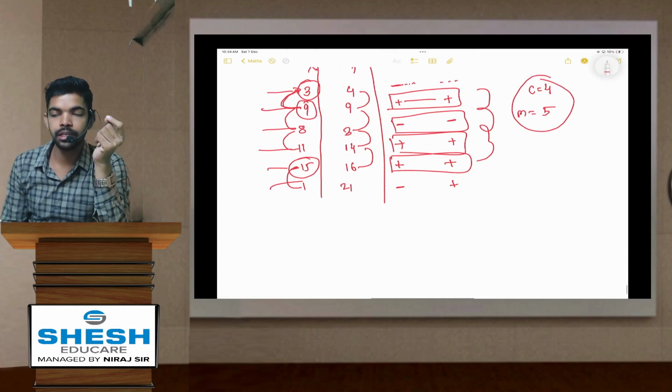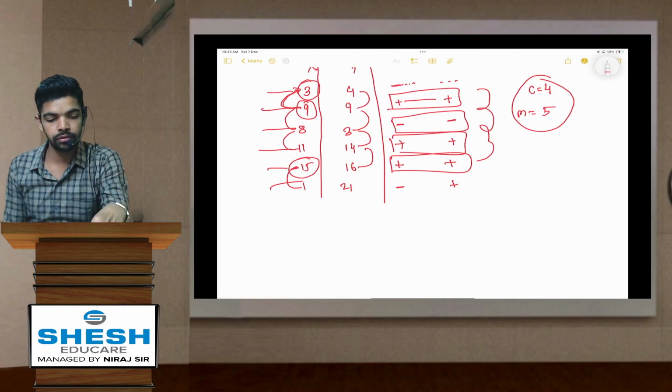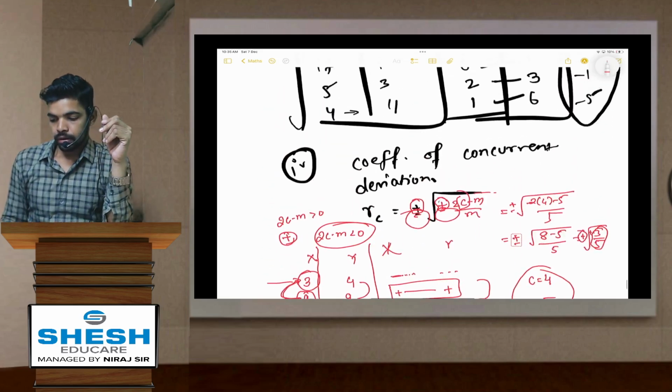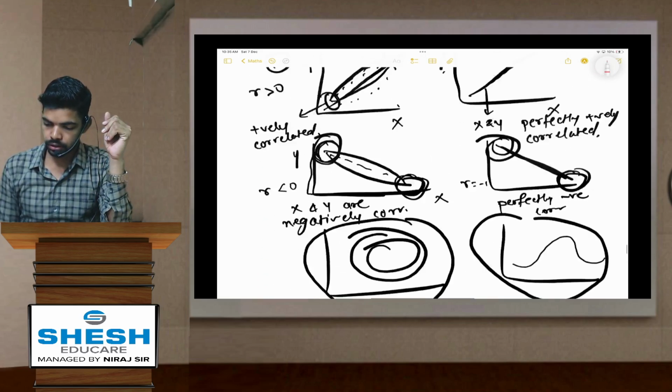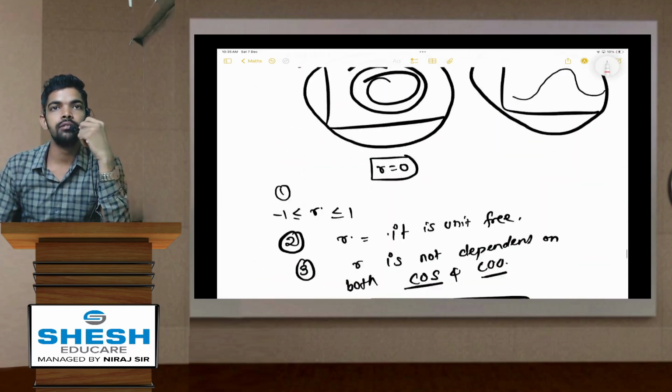So this is the method of concurrent deviation. So these were 4 measures of correlation. So it was about correlation, types of correlation, and then measures of correlation.